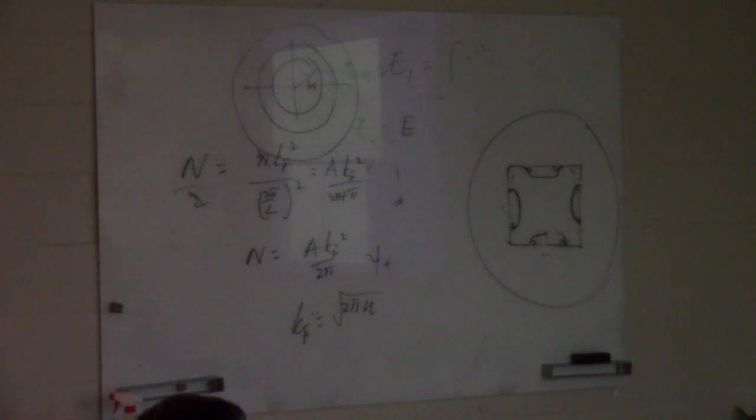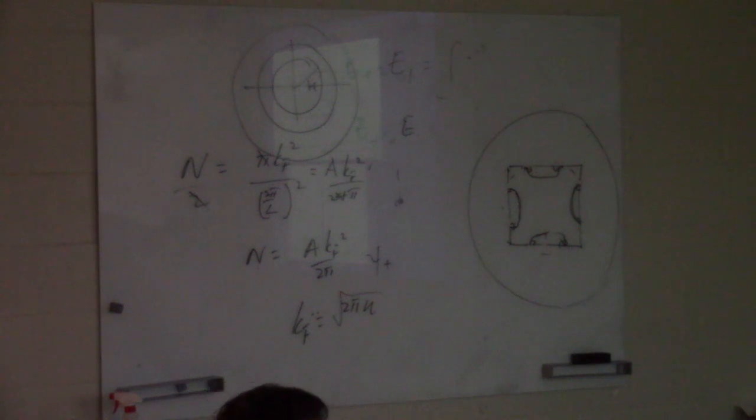So now if I draw the density of states, how does it look like? If this is my density of states versus E, how does the density of states look like?